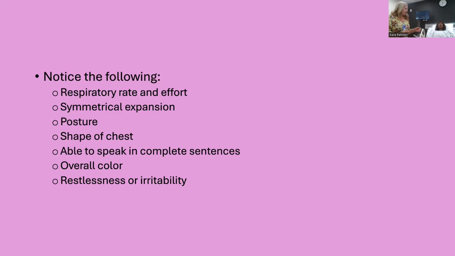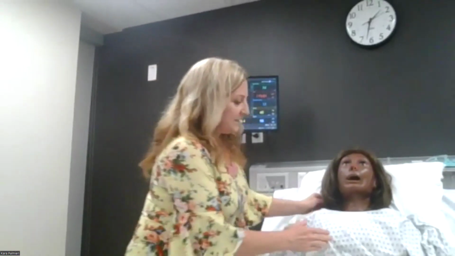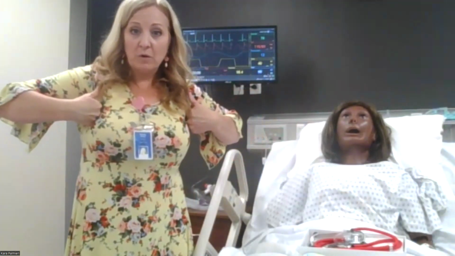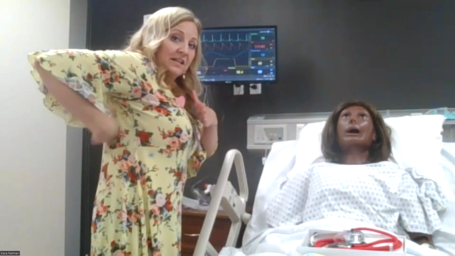Look at the shape of their chest. I'm going to go to Susie here for a second so you can see what I mean. She is as wide as she is side to side like this. From front to back, she should be about half as wide, okay? Me from here to here is about twice as wide as I am from here to here.